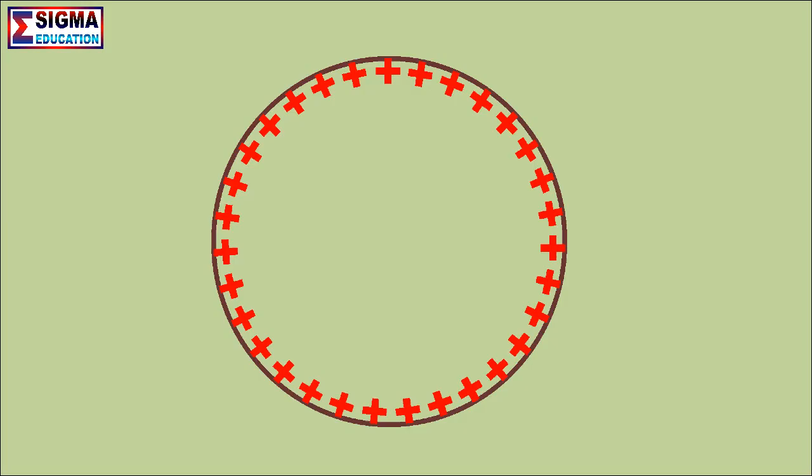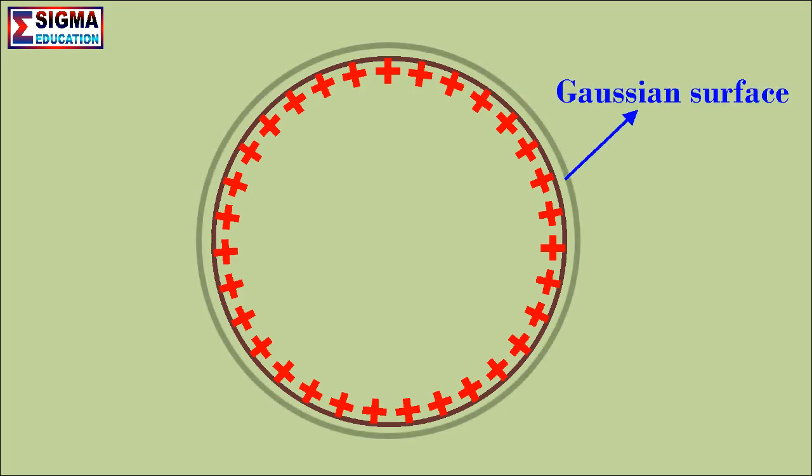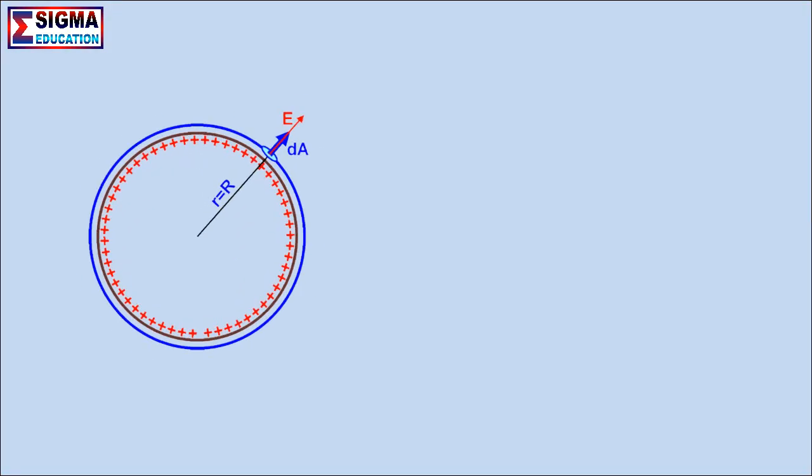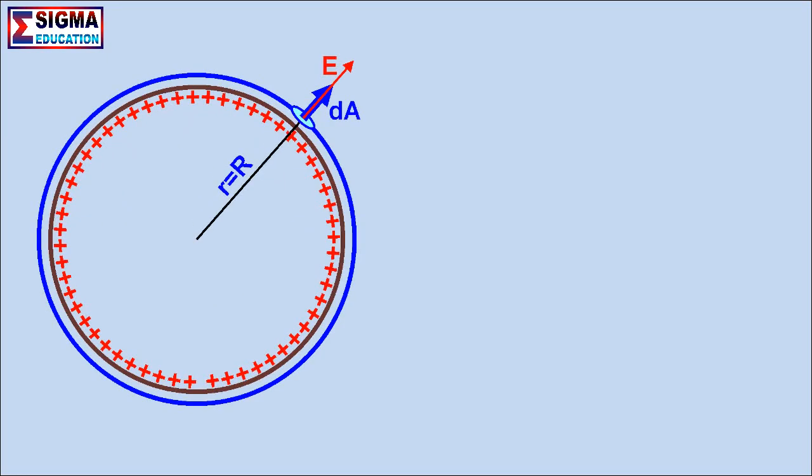To find the electric field intensity at the surface of the shell, we draw a spherical Gaussian surface which just encloses the charged shell. In this case, the radius of the Gaussian surface becomes equal to the radius of the charged shell. As discussed in the previous section, the electric field intensity at the Gaussian surface is radially outward.